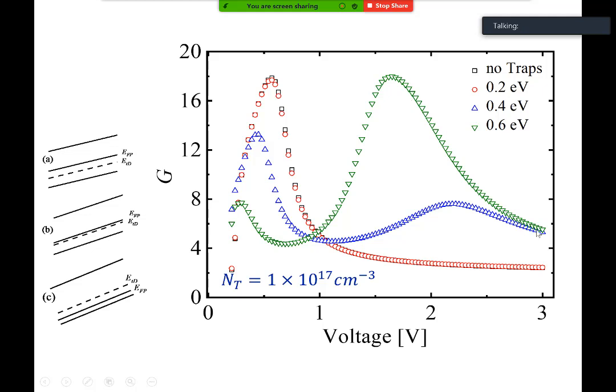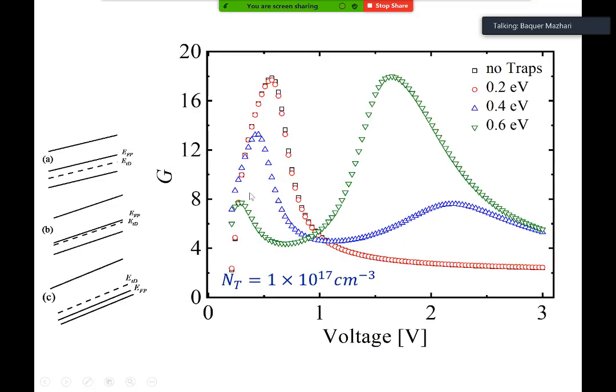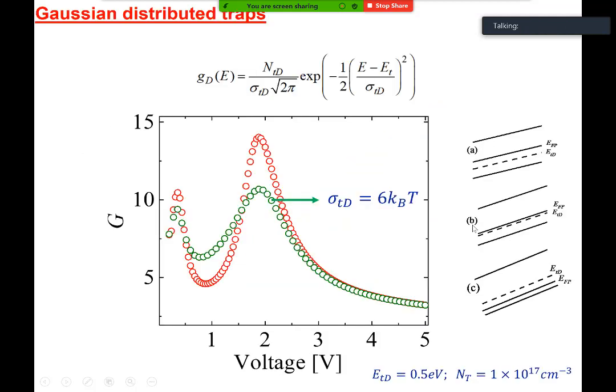By analyzing the VBI peak versus the trap peak, the ratio of these two, we can guess the depth of the traps.